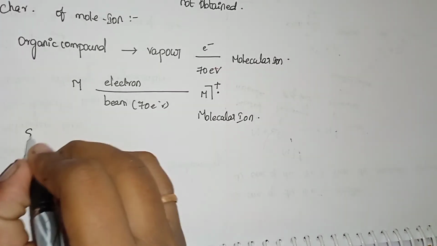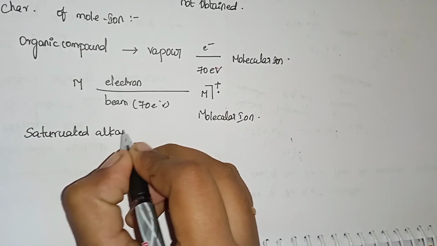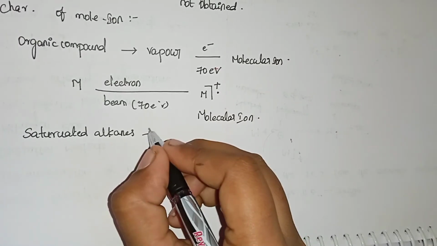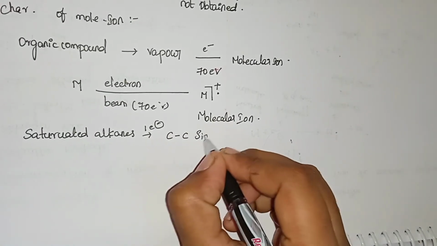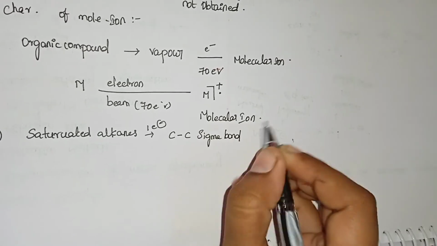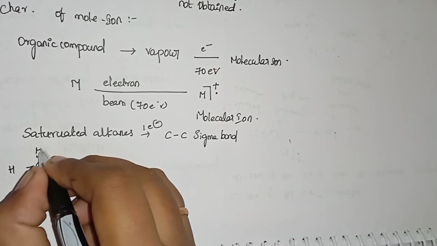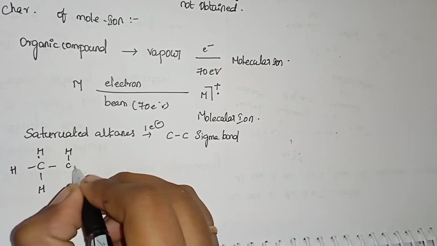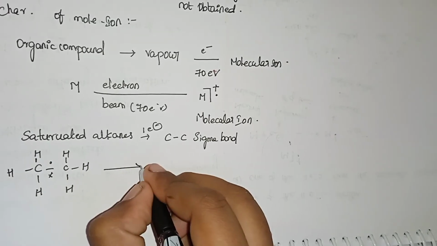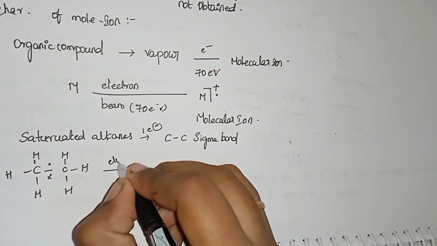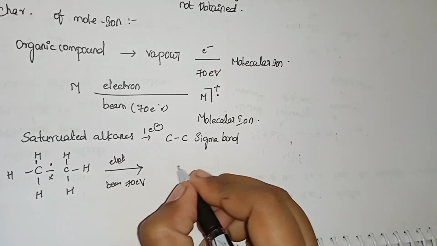So in the case of saturated alkanes, one electron is lost from the C-C sigma bond. So for example, ethane, with an electron beam of 70 electron volt, forms the molecular ion.